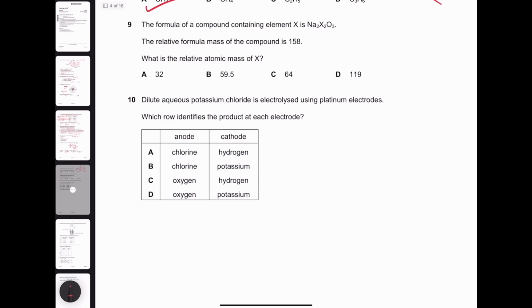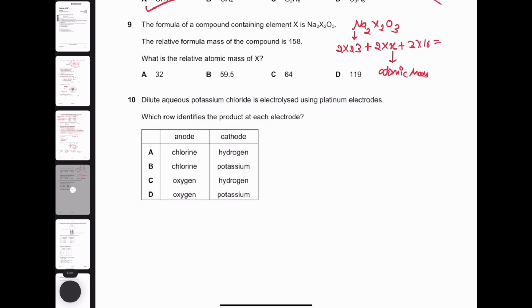Alright. The formula of a compound containing element X is Na2X2O3. The relative formula mass of this compound is 158. So what is the relative atomic mass of X? See, Na2X2O3. Atomic mass of sodium is 23, so 2 times 23 plus 2 times X. X I am taking as the atomic mass of X. Plus 3 times 16 is equals to... not 0, sorry.